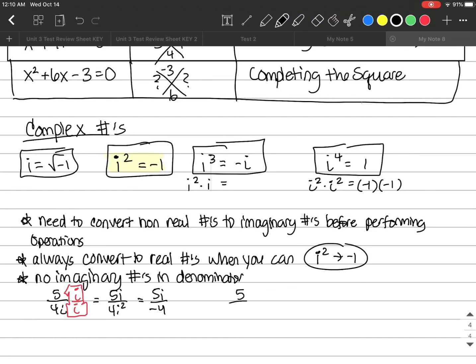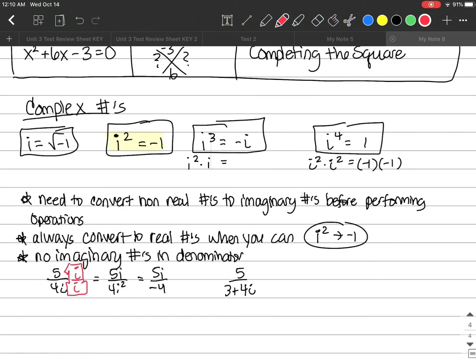If I had something like 5 over 3 plus 4i, I would need to multiply the top and the bottom by the conjugate of the bottom so that I could get an i squared term and a constant by itself in the bottom. That's what happens when you multiply an expression times its conjugate. It's the difference of two squares, which in this case, since i is our variable, would be i squared minus some constant.